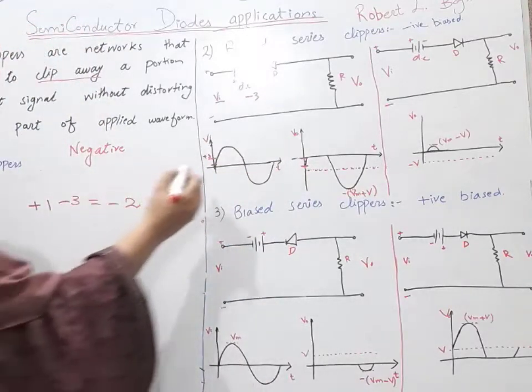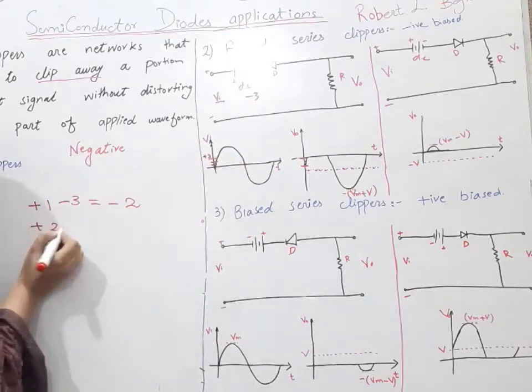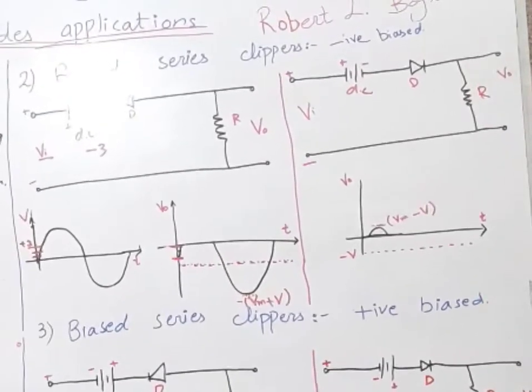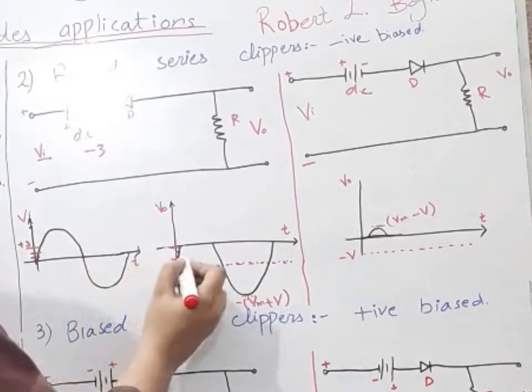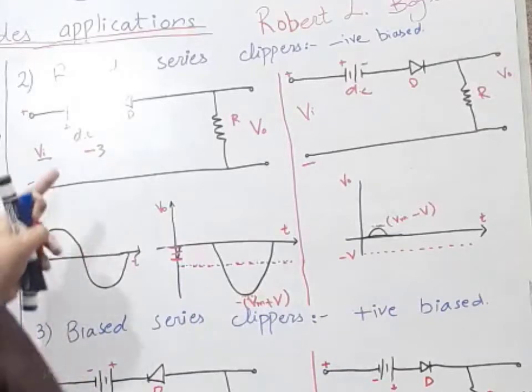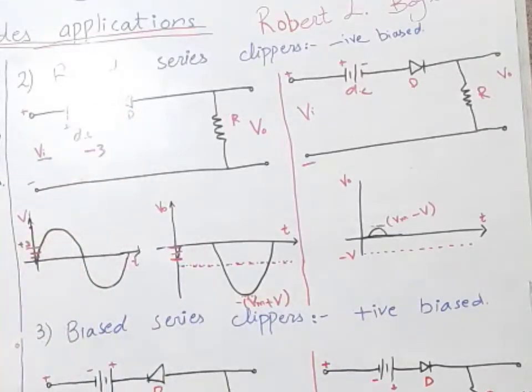Now our potential is at +2, and with -3, we will get -1. So our output will be at -1 at this point. So our DC battery with a total potential of -1 will try to make this diode forward biased.